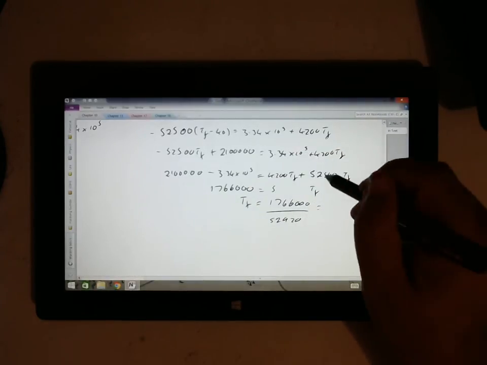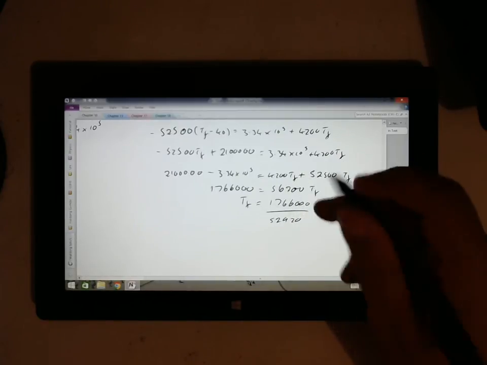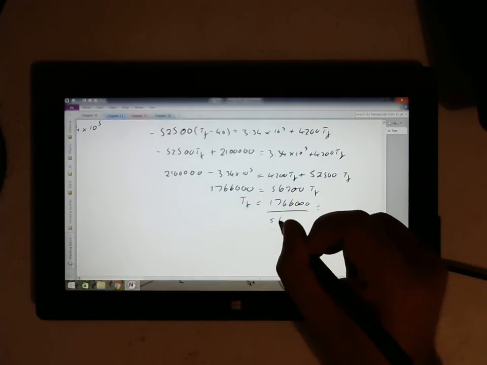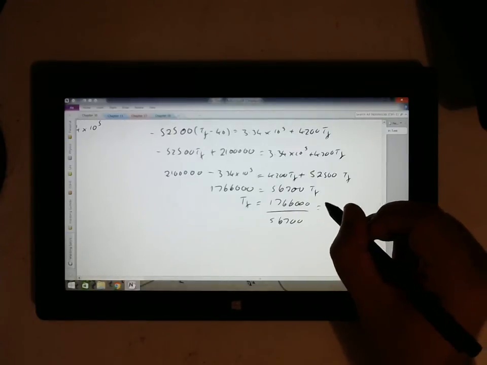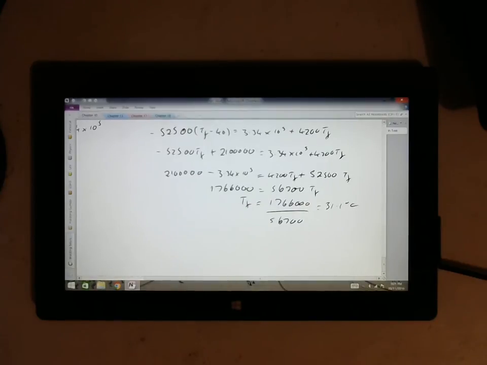So that will no longer be, that'll be 567,700. So let's change that as well. 567,700 gives me 31.1 degrees Celsius, which is the correct answer from the textbook.